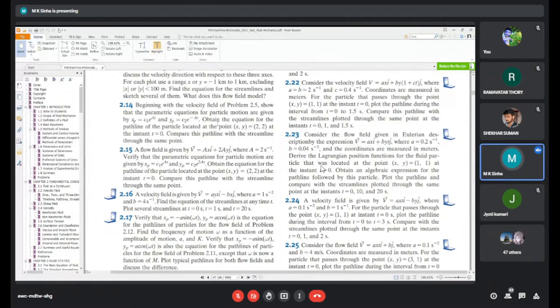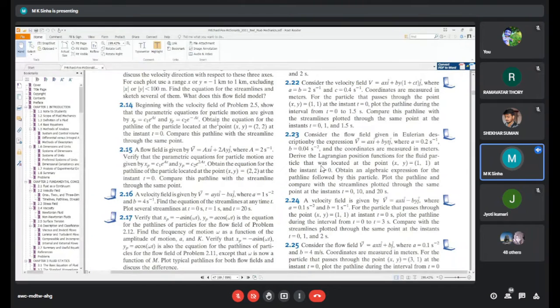Obtain the equations for the path line of the particle located at the point x comma y equal to 1, 2, not 2, 2, at the instant t equal to 0. t equal to 0.